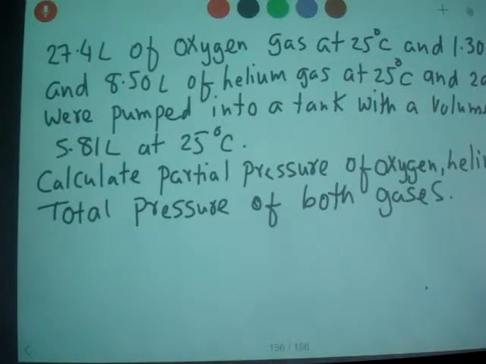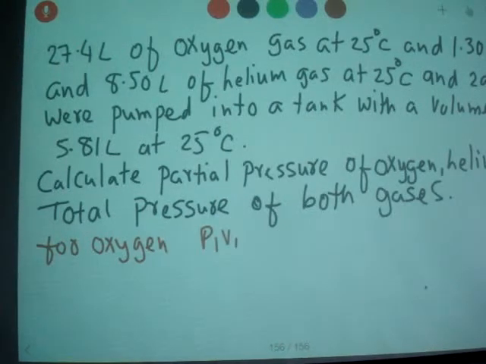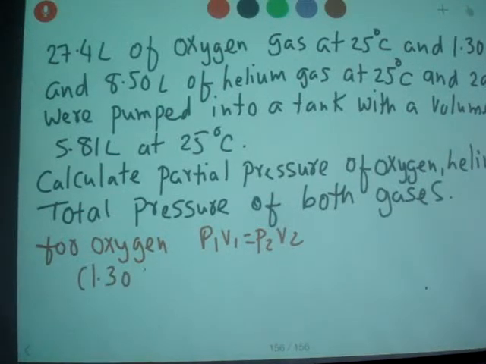Alright, so now we need to find it for oxygen. For oxygen, P1 V1 equals P2 V2. P1 we have 1.30 atmosphere, V1 is 27.4 liter.